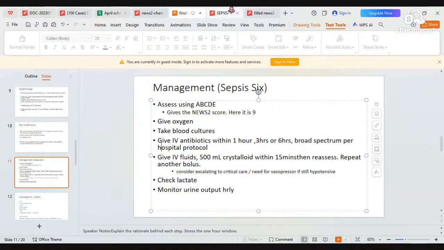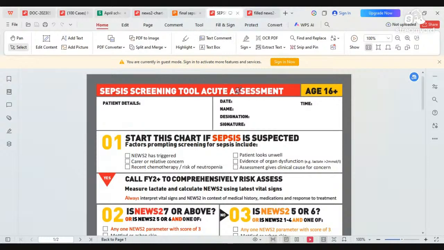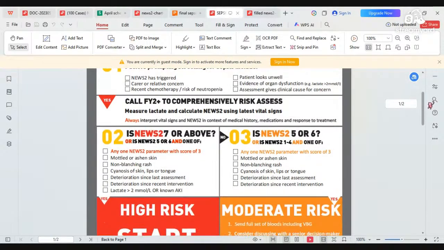I'll pull up another chart as well. So this is a screening tool, right? It's a sepsis screening tool for acute assessments. Basically, I'll just go down to number 2.